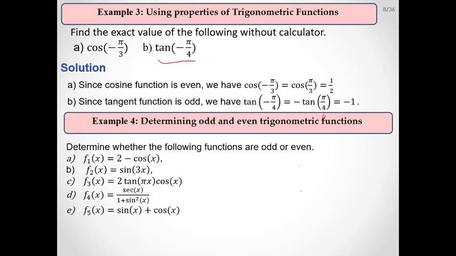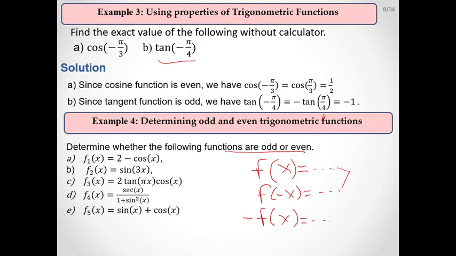Now, another type of question is determining whether these functions are odd or even. So I want to remind you this one first. How to check odd and even function: you write f of x, you write f of minus x, and you write minus f of x.